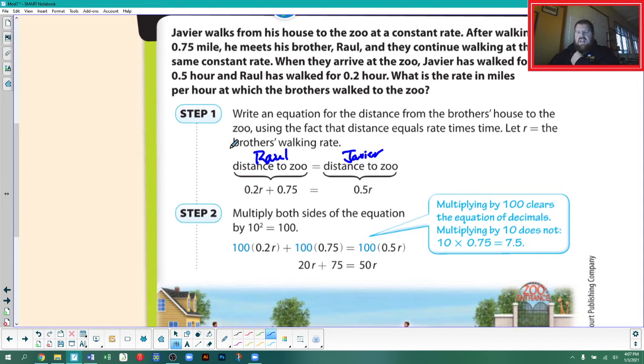And so what they do is they look at the number of decimal places that they have. The highest number of decimal places they have is 2. And so they multiply everything in the equation by 10 to the 2 power, and that's how they get rid of all decimals.